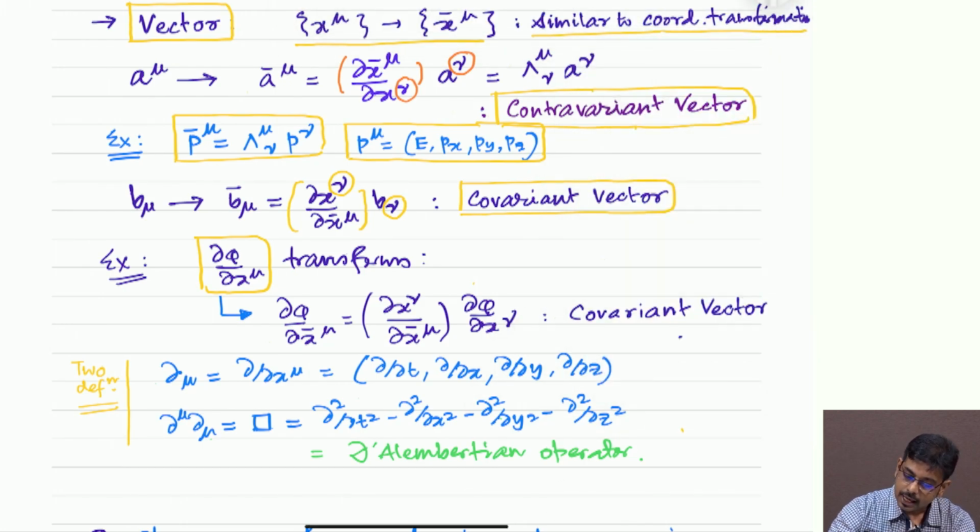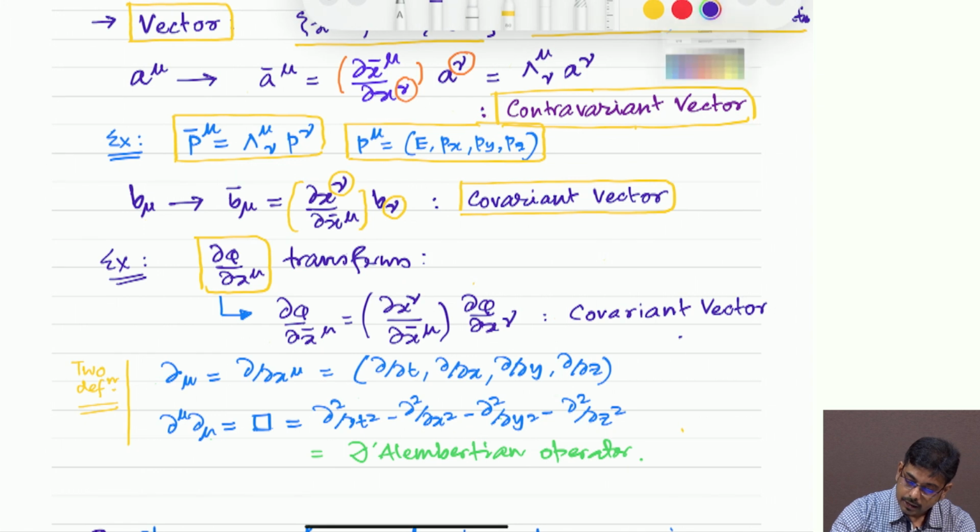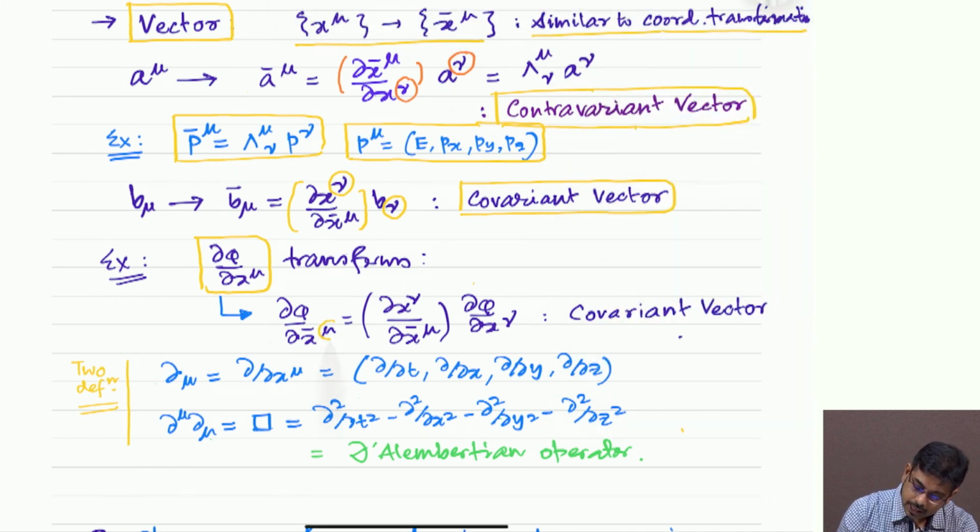So, once again I would like to draw your attention that this mu is a free index on both sides of this equation. Okay. This nu on the other hand is a repeated and dummy index which is summed over. Okay. So, if I had to write something like del phi del x bar alpha, then I had nothing to choose for del x bar alpha on the right hand side of this equation because that is the free index which I am having.